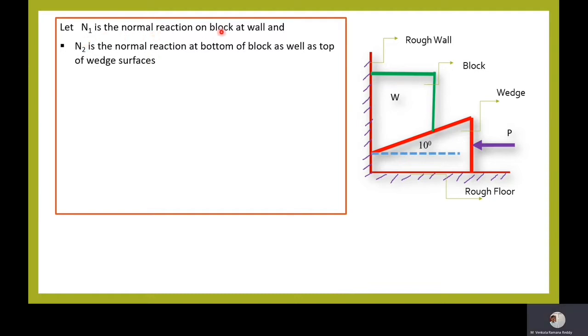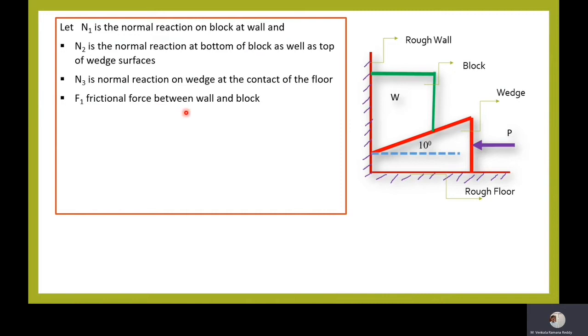N1 is the normal reaction on the block at the wall, and N2 is the normal reaction at the bottom of the block as well as the top of the wedge surface. N3 is the normal reaction on the wedge at the contact of the floor. F1 is the frictional force between the wall and the block.